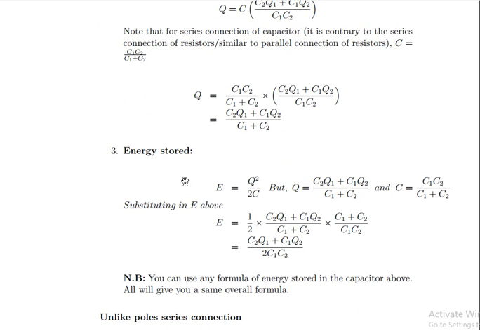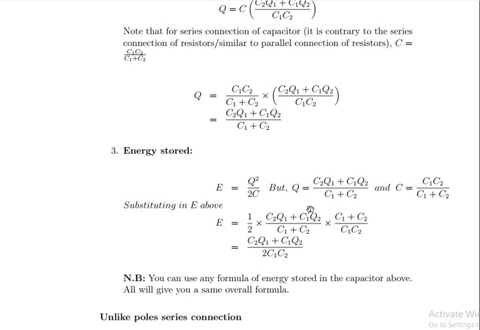Now the energy stored is going to be equal to E equals Q squared all over 2C. We need to know that Q is equal to C2 Q1 plus C1 Q2 all over C1 plus C2, and this C is equal to the total capacitance of the circuit. Since in a series connection we have C1 C2 all over C1 plus C2, now when putting it here with the half, we are going to see that energy is going to be equal to the Q here all squared.